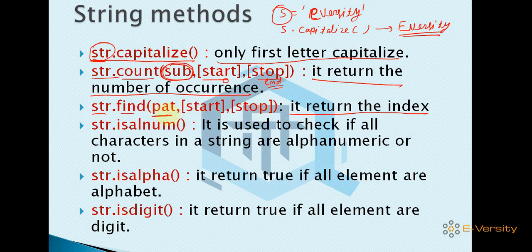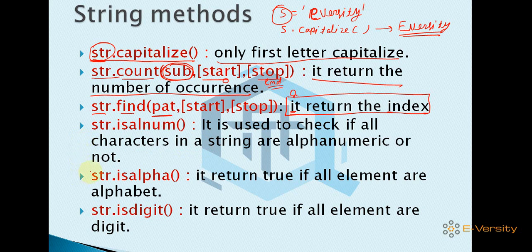So if the pattern matches at any index, it returns the index. Now the second point: suppose there is a string, and I just want to find I. I appears two times in this string, but it returns only 0, the first index. It finds the first index value and returns it.